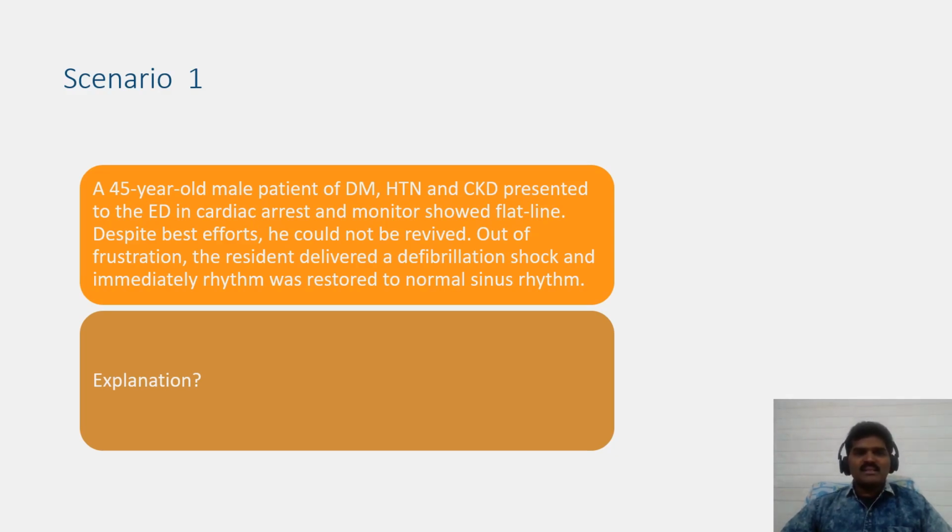The first case: you have a 45-year-old male patient who is a known case of diabetes and hypertension, and also a known case of chronic kidney disease, presented to the ED in cardiac arrest. The monitor was showing a flat line. Junior doctors tried to resuscitate the patient. Despite their best efforts, the patient could not be revived.